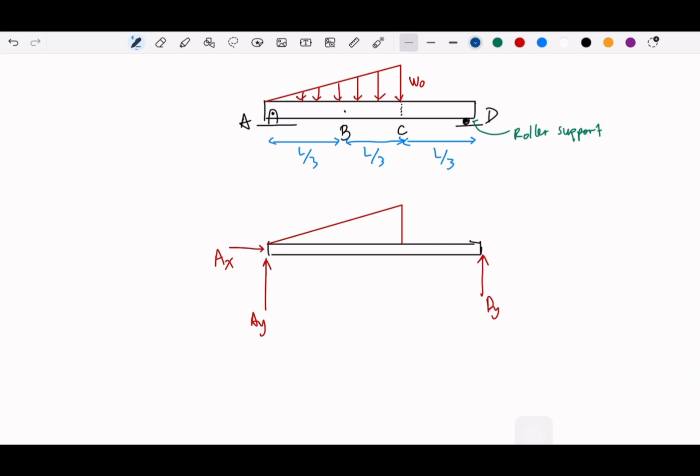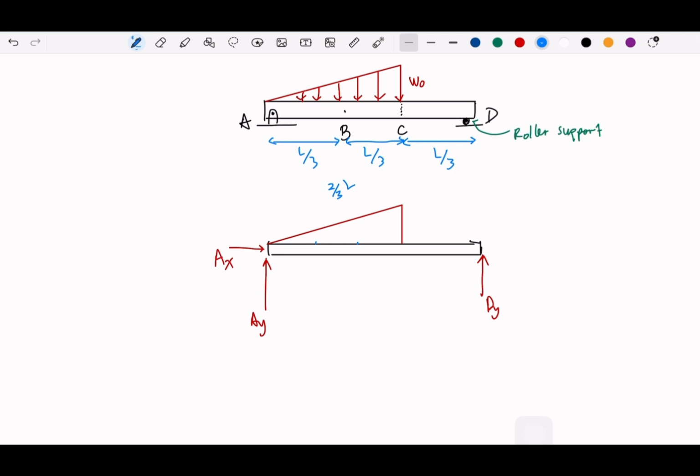The triangle will have the resultant at 2/3 to the right, to the center. So if this is going to be 2/3, this is L, then we divide this by 3 again.